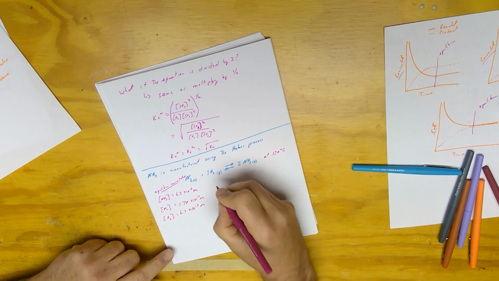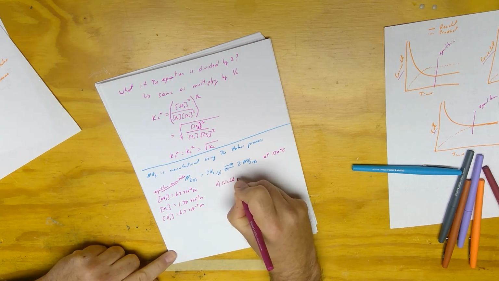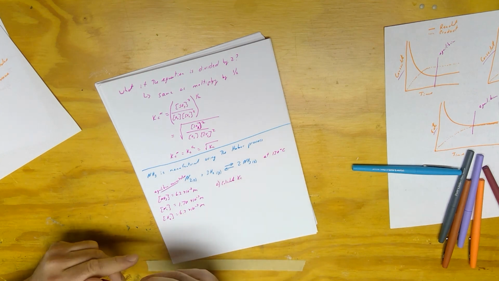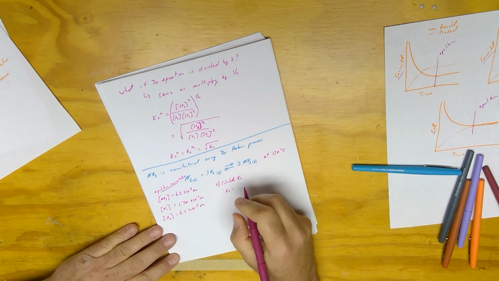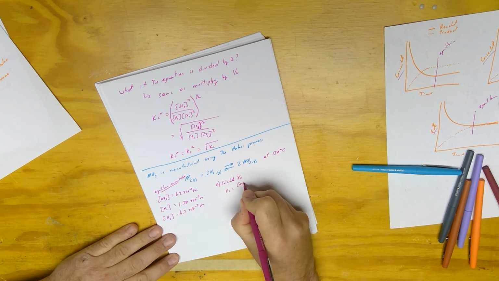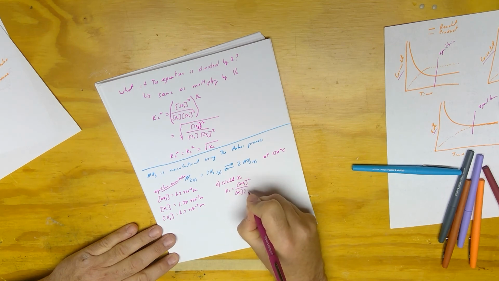All right, let's calculate the Kc. So our equilibrium constant would equal the concentration of ammonia squared all over the concentration of N2 times the concentration of H2 cubed.